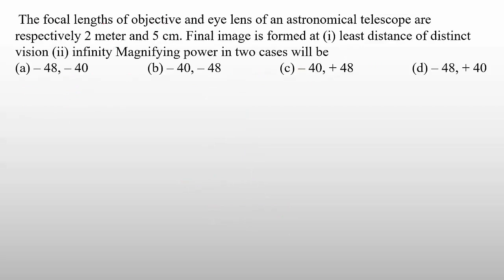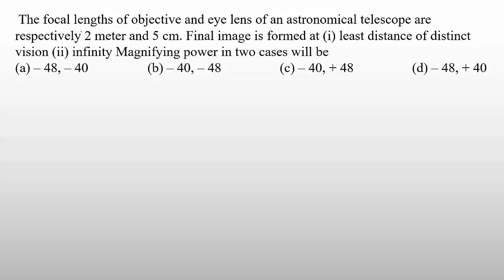The focal lengths of the objective and eye lens of an astronomical telescope are respectively 2 meter and 5 centimeter. The final image is formed at, first case, the least distance of distinct vision, second case, infinity. The magnifying power in the two cases will be.